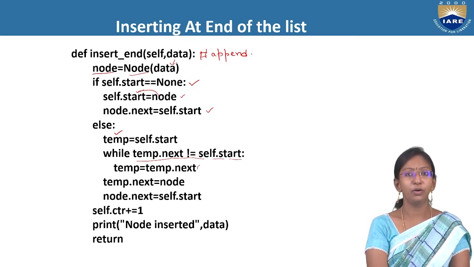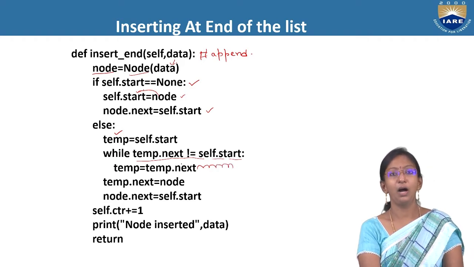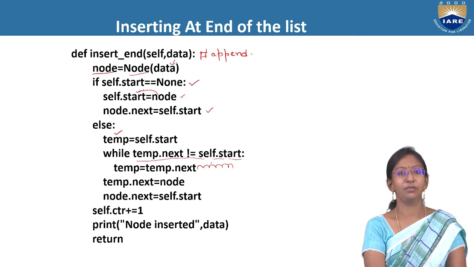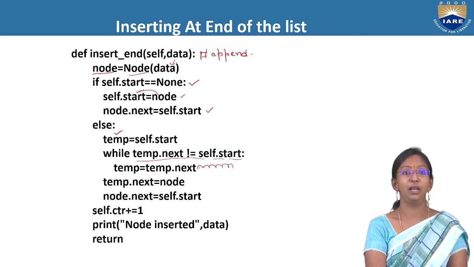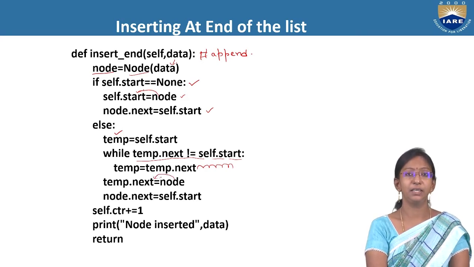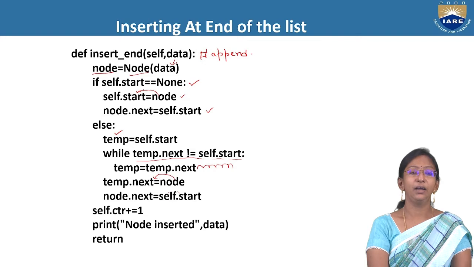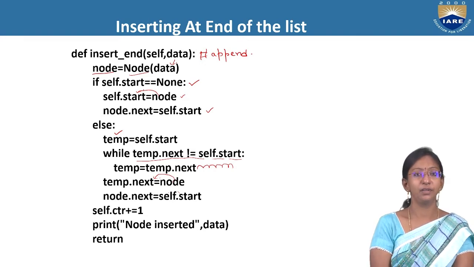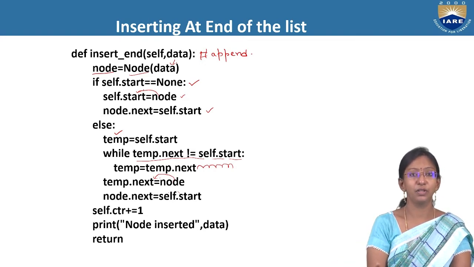So you are going to keep on hopping from one node to the other until you reach the last node. Once you reach the last node, store the address of the node which you have created in temp's next, and as I have said, I'm going to append, that is, insert it at the last.